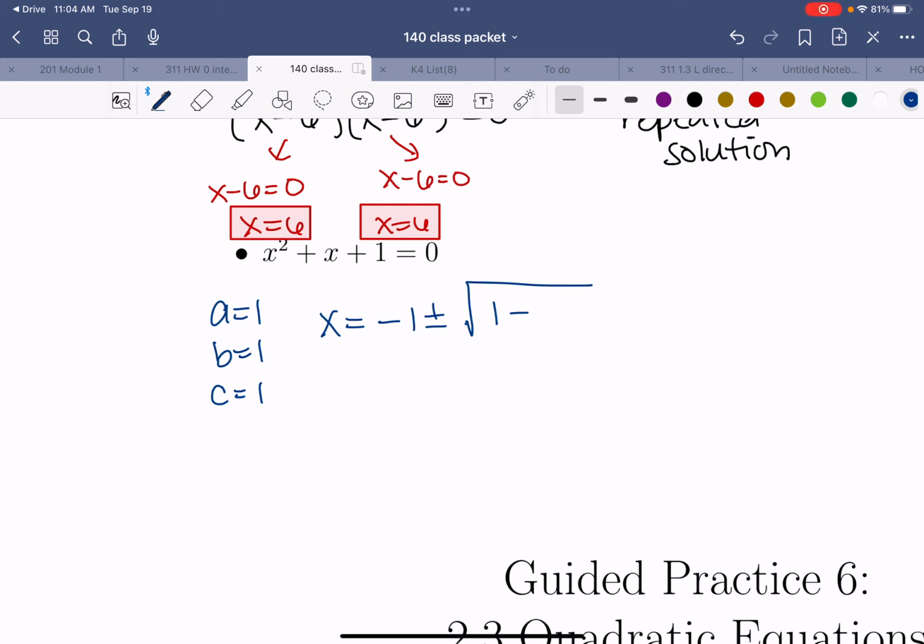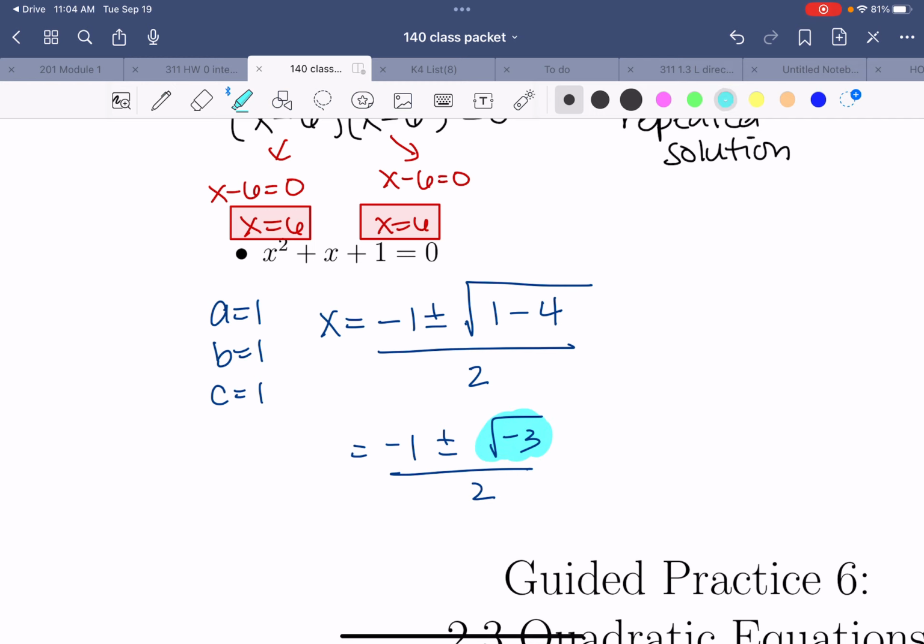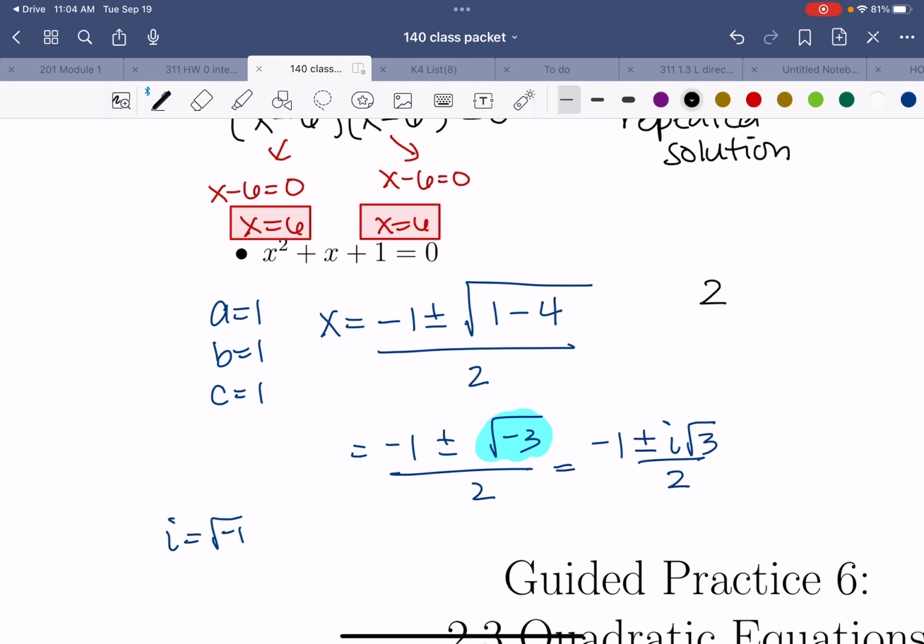So a and c are both 1, so 4 times 1 gives me 4, all over 2a, which is 2 times 1, so 2. And that's going to give me a negative 3 under the square root. And what happens is we can't take the square root of a negative number. And so what we do, we let i equal the square root of negative 1. And that way we can write this as negative 1 plus or minus i root 3 over 2. And this is what we call two imaginary solutions.